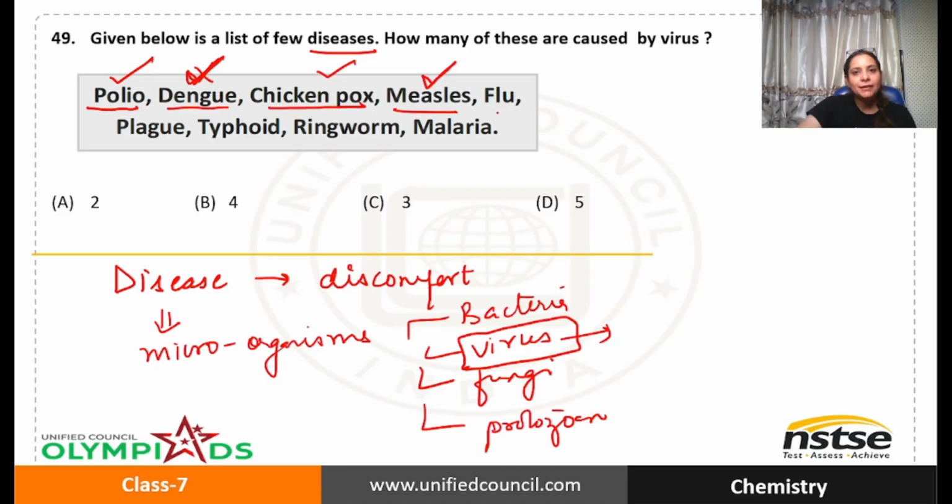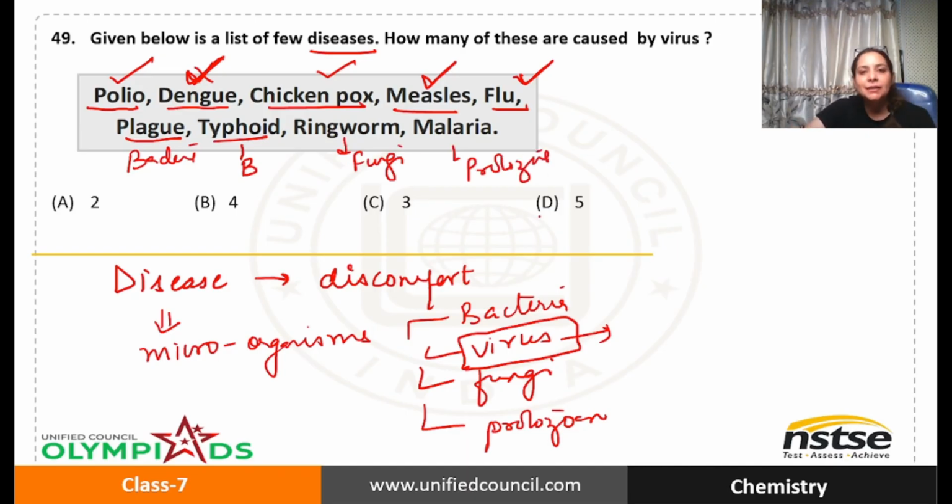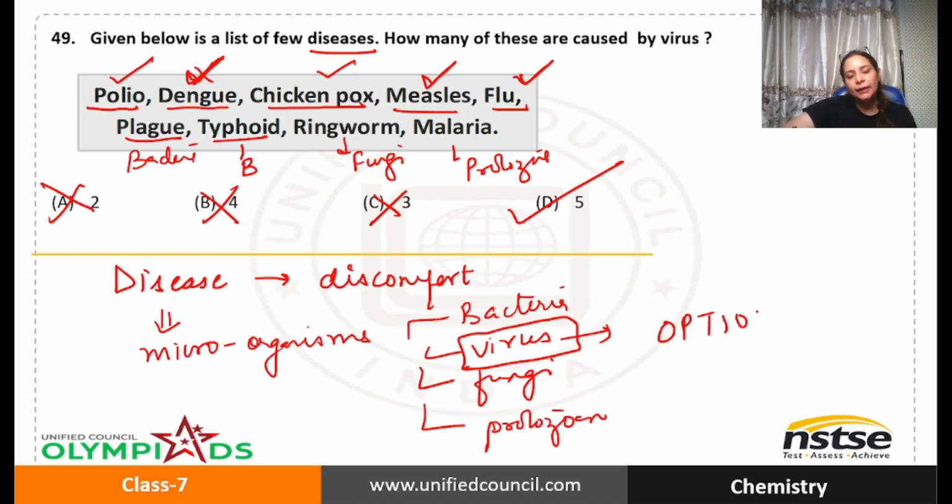Measles caused by virus. Flu caused by virus. Plague, no, it is caused by bacteria. Typhoid, again by bacteria. Ringworm is caused by fungi, and malaria is caused by protozoan. So here in this answer, how many diseases are caused by virus? 5. 1, 2, 3, 4 and 5. So option D is the correct answer.